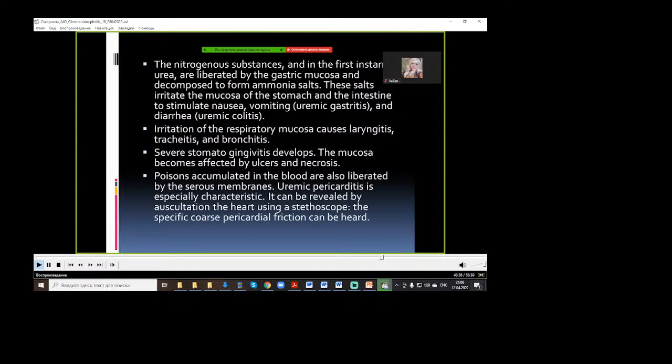Poisons accumulated in the blood are also liberated by the serous membranes. That is why uremic pericarditis is especially characteristic. It can be revealed by auscultation of the heart using a stethoscope, and a specific coarse pericardial friction rub will be heard.